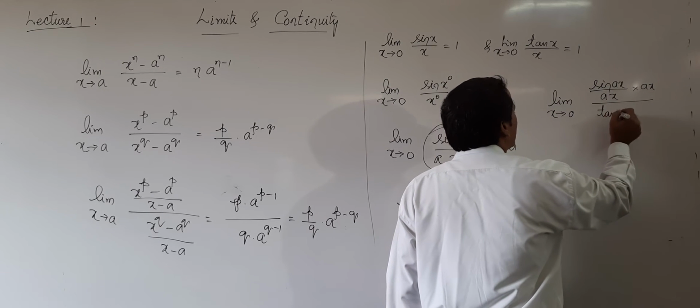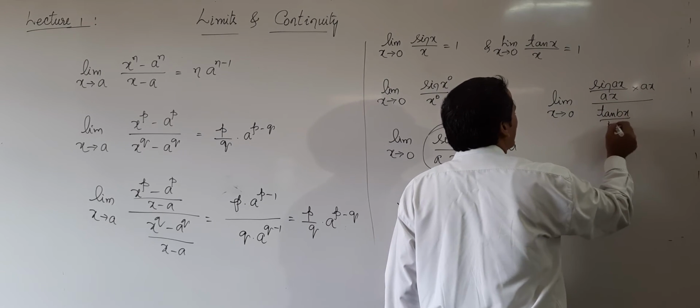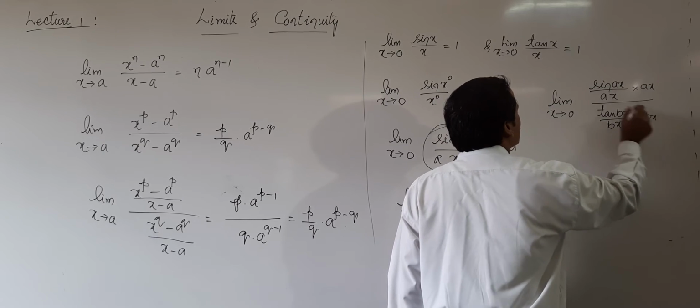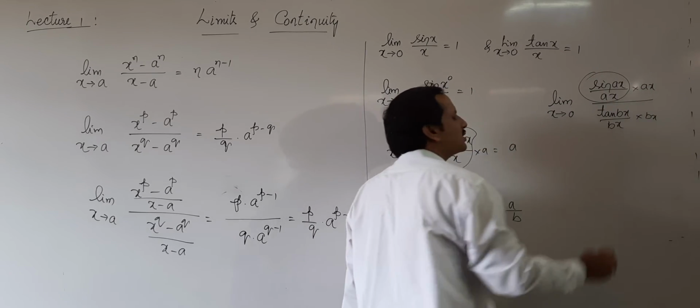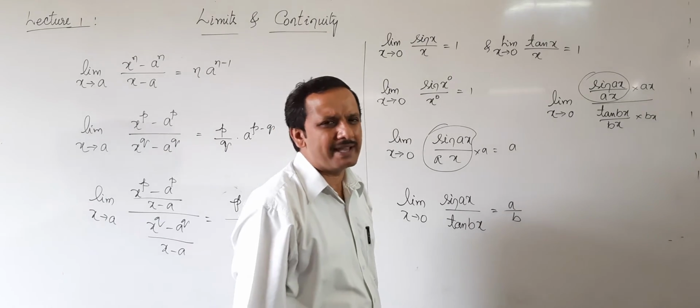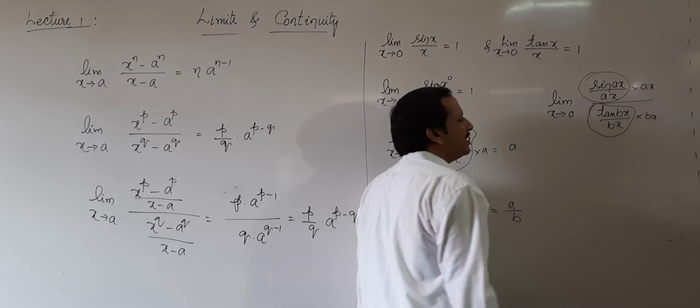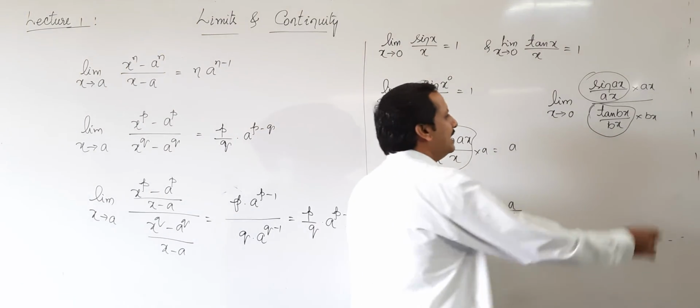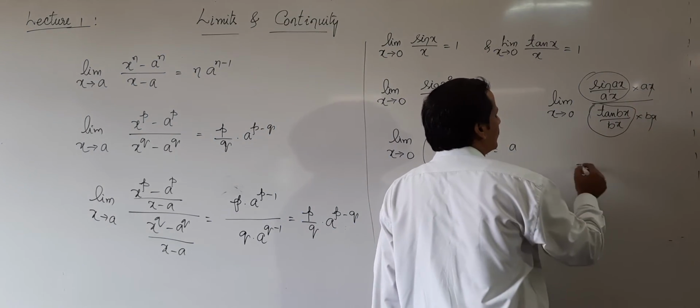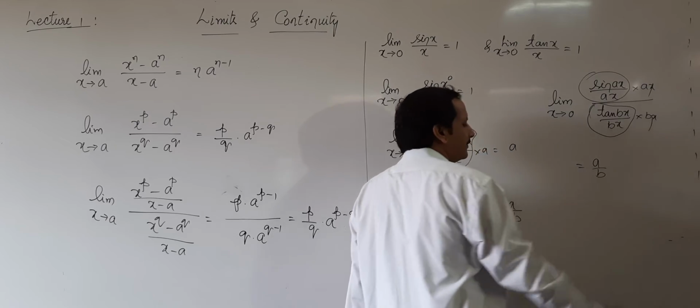Then here we have tan bx, so I want bx in the denominator: bx into bx. As x approaches 0, sin ax by ax will become 1. Similarly, as x approaches 0, tan bx by bx will also become 1. X gets cancelled. So we will have a by b.